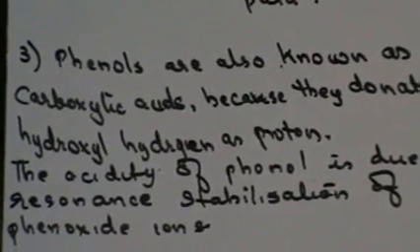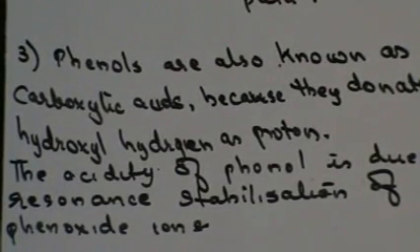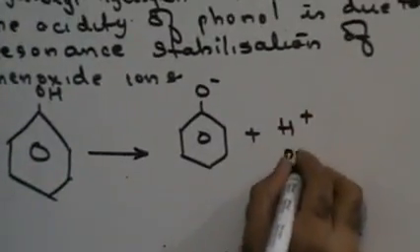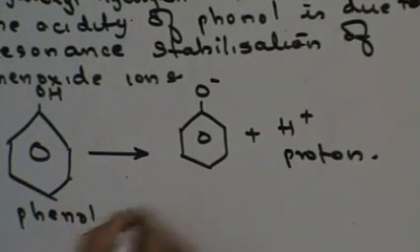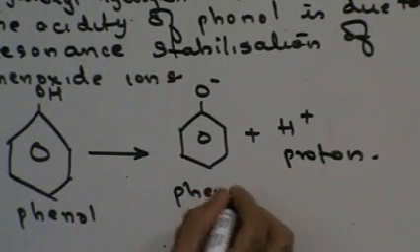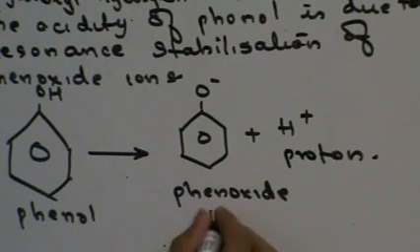So if I have phenol, phenol will get converted into a phenoxide ion by donating a hydrogen proton. This is phenol, this is phenoxide ion.